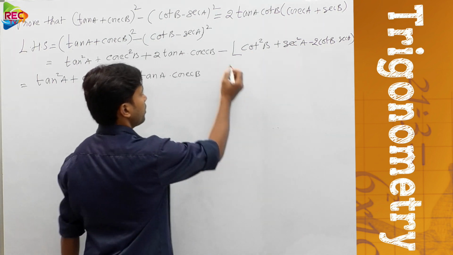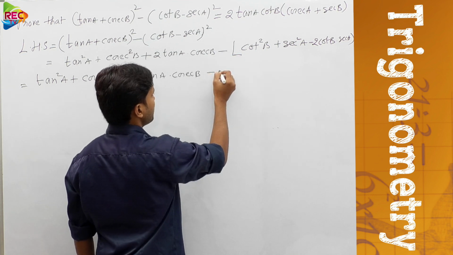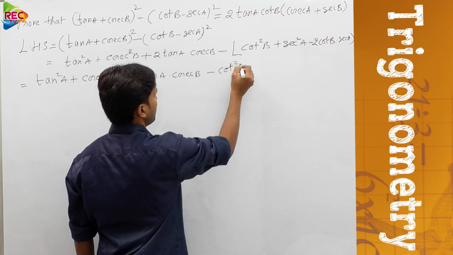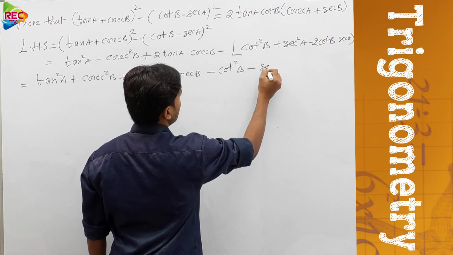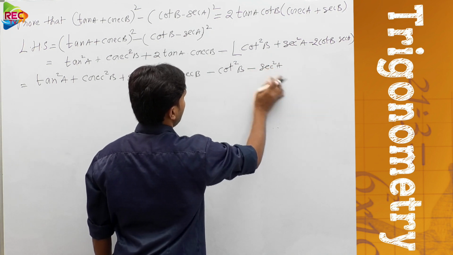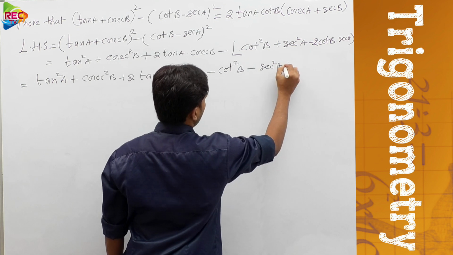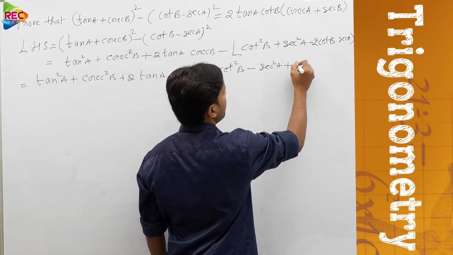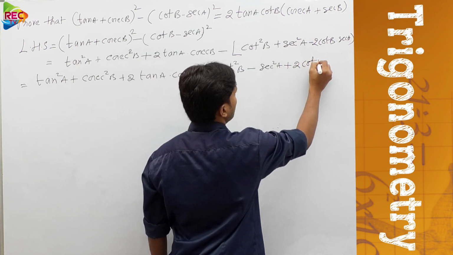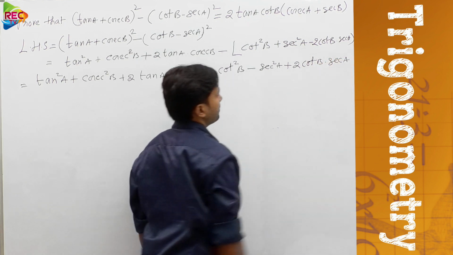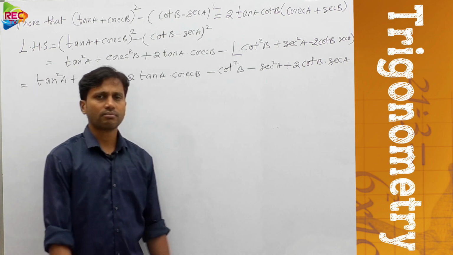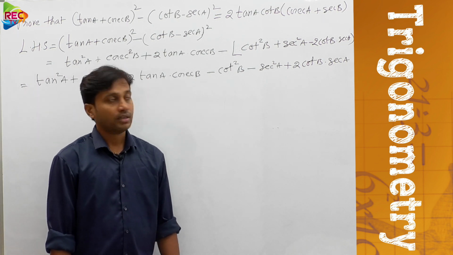Minus into plus would be minus cot² B. Minus into plus would again be minus sec² A. Minus into minus would be plus 2 cot B sec A. Like this we expanded.